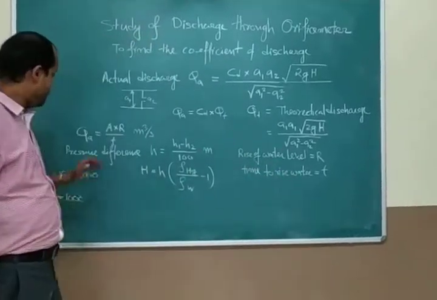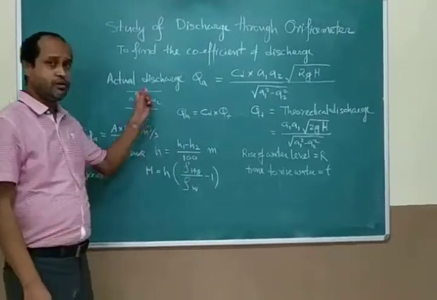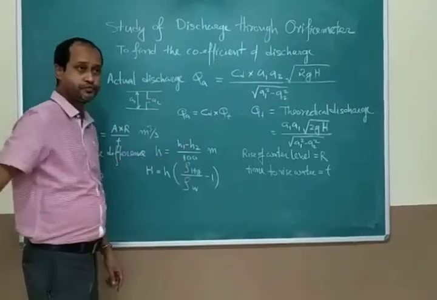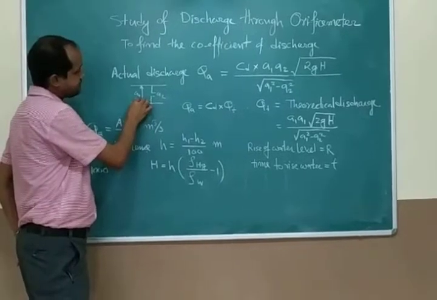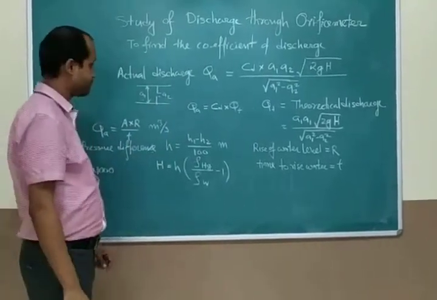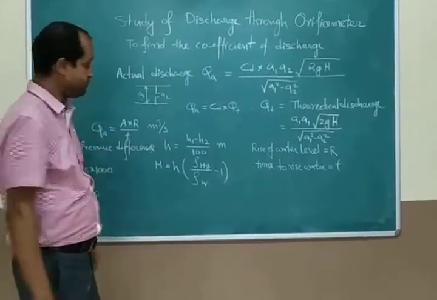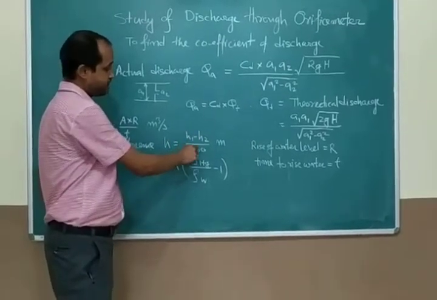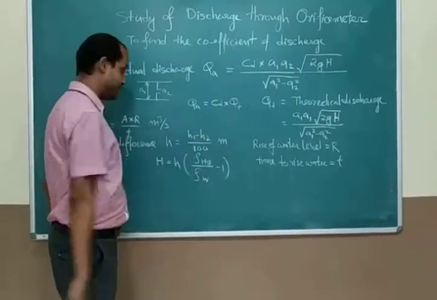Now here you get two columns of manometer, H1 and H2. H1 is provided in the A1 section and H2 is provided in the A2 section. After getting the result, you have to find out the difference between these two. H1 minus H2 divided by 100 means you have to convert this into centimeter, into meter.